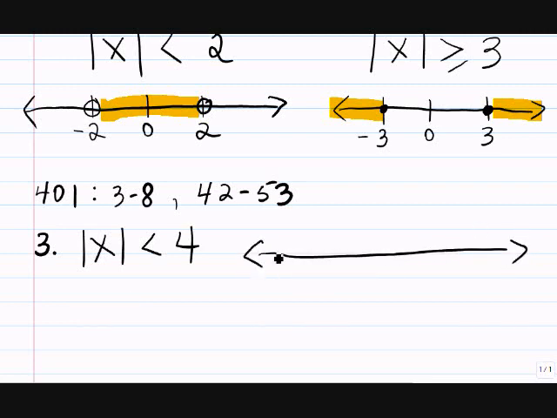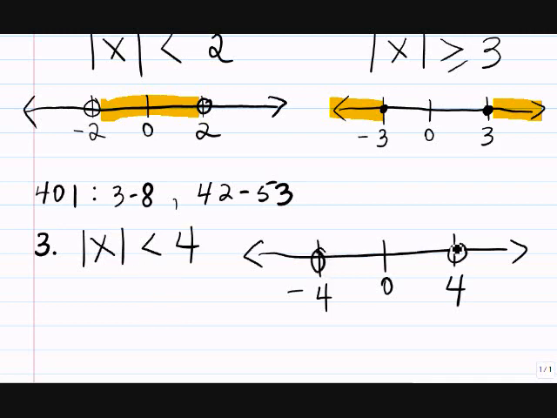Okay, here we go. The 4 goes on my graph, and the -4 goes on my graph. Do I put an open circle or a closed circle over the 4 and the -4? Open. Okay.